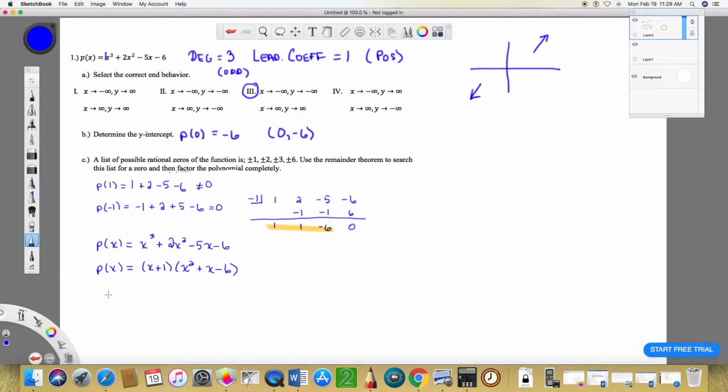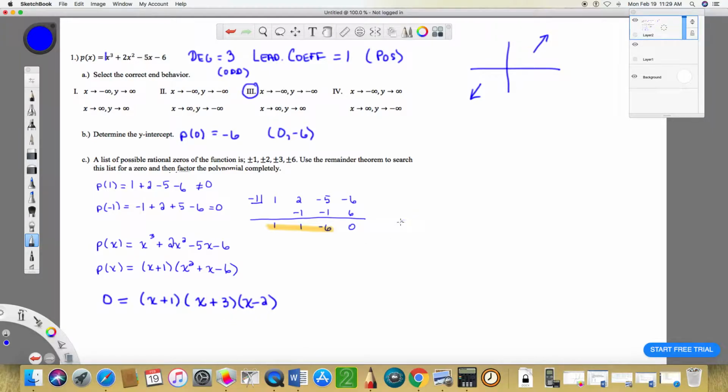If we set this equal to 0 and continue factoring it, in factored form, this is what we get.